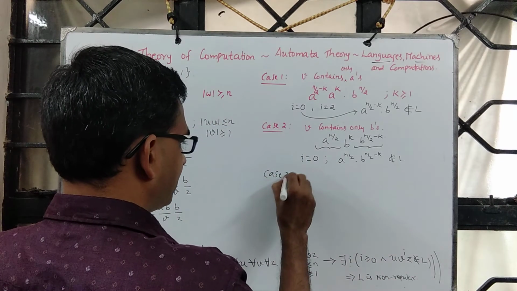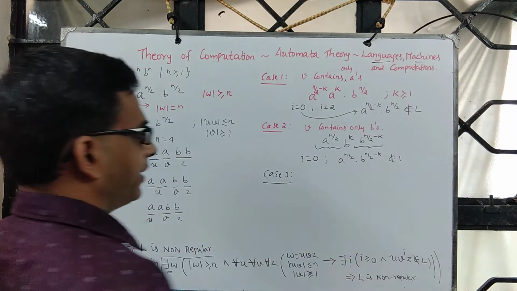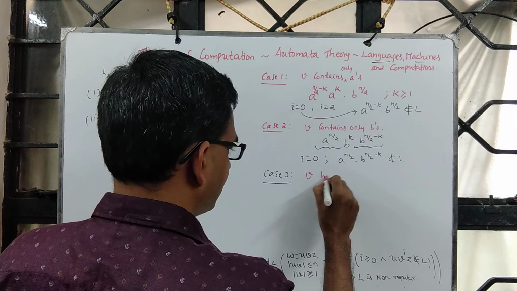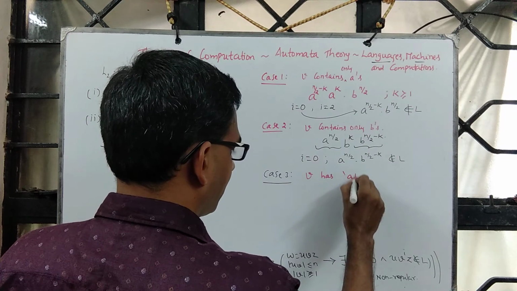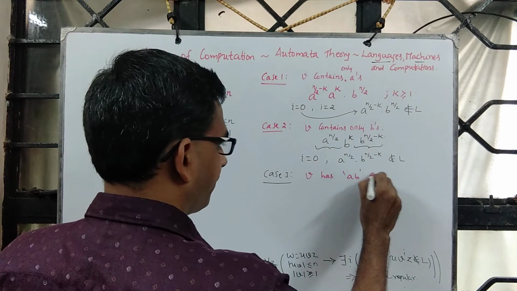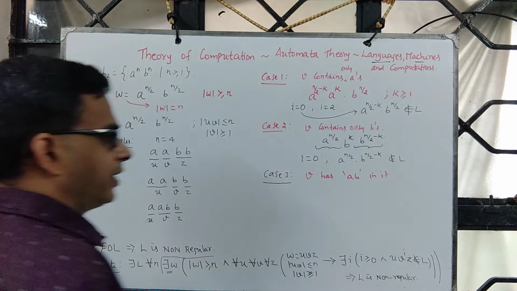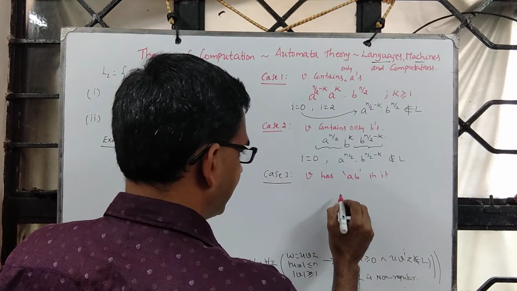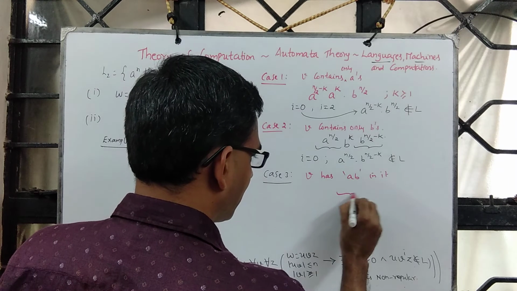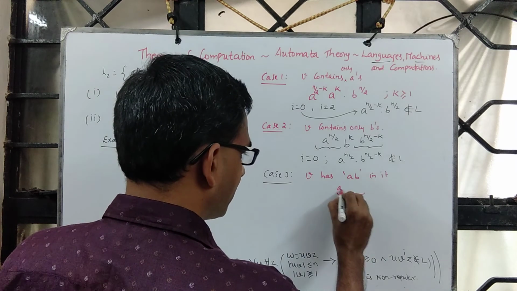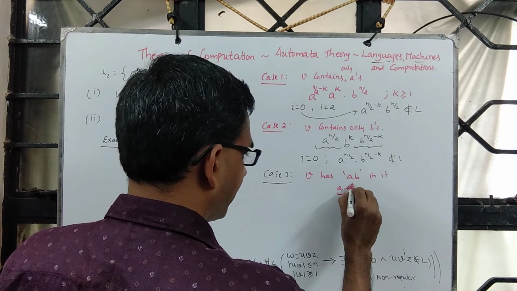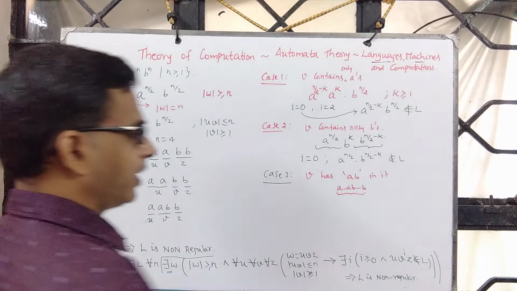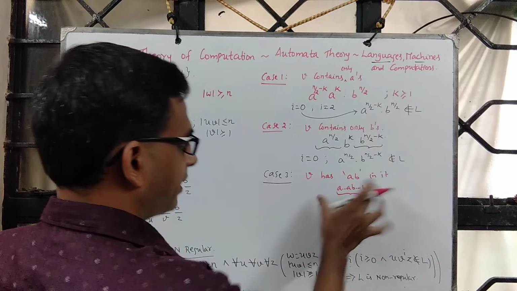Now look at case 3. In case 3, v has ab in it, which means v will be like some number of a's followed by some number of b's, and the rest all on this side.